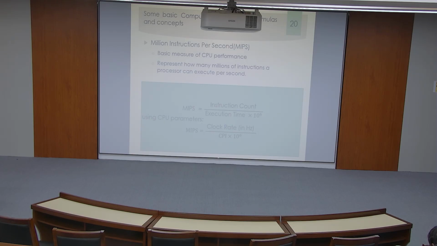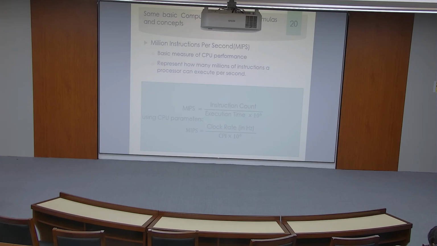We have million instructions per second equals instruction count divided by execution time times 10 to the power of 6.